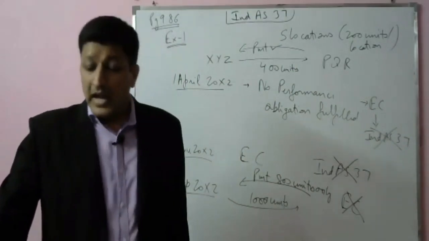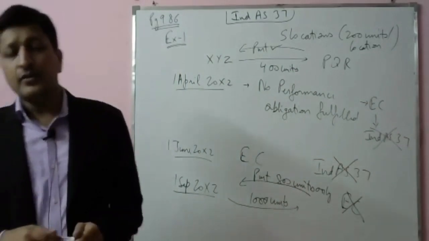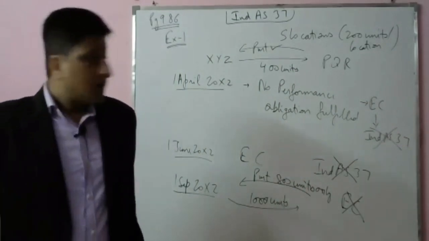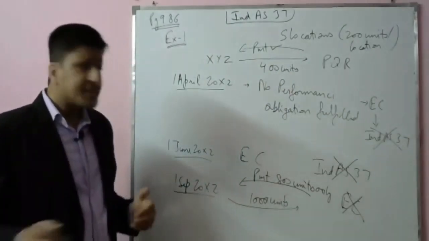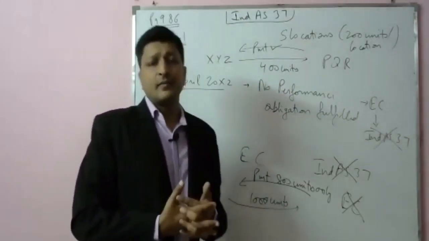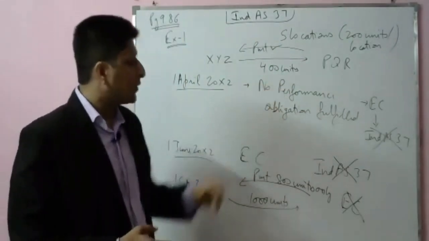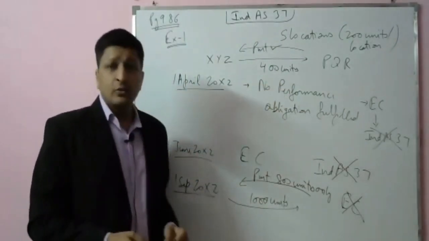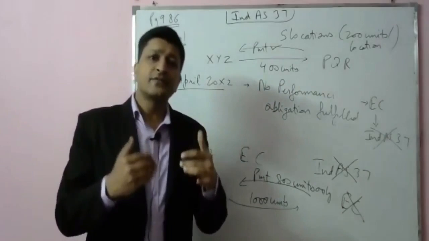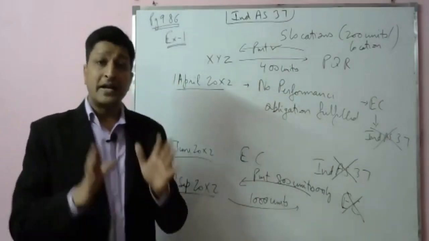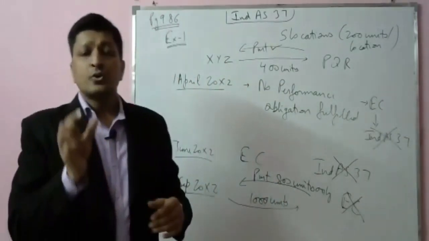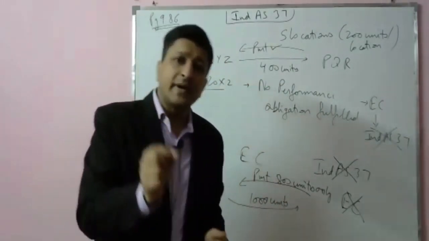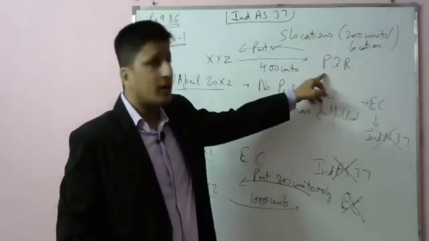And in this scenario, let's try to understand what accounting will be required on the part of company PQR. Because it has received 1000 units but has paid for only 800 units, there are 200 units for which payment is not yet made by PQR.